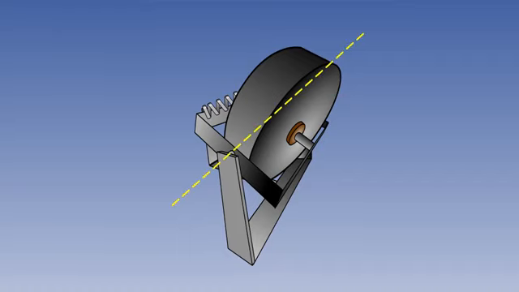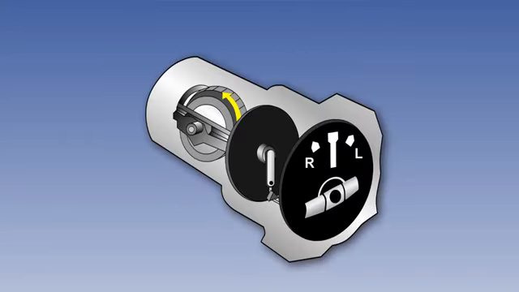By convention, therefore, as the spin axis is not included, the rate gyro is said to have 1 degree of freedom. An example of an instrument using a rate gyro is the turn indicator, and we can see a turn indicator illustrated here.